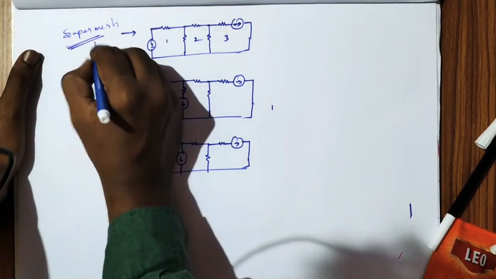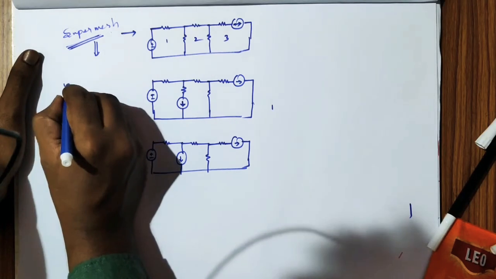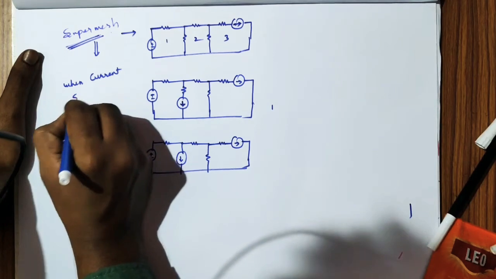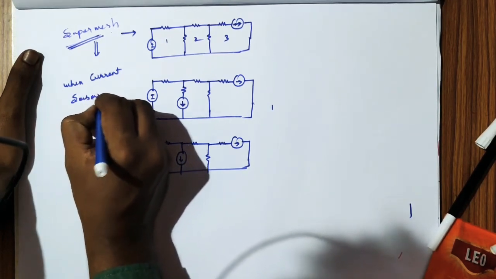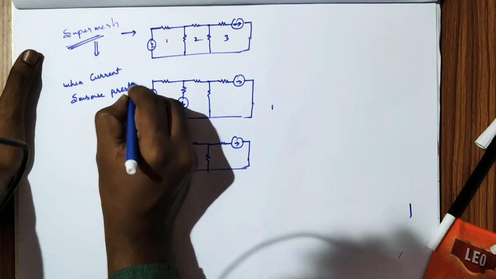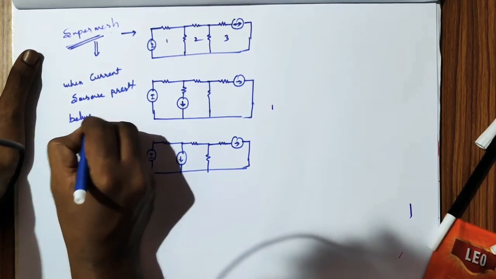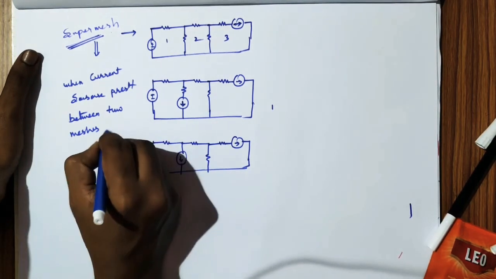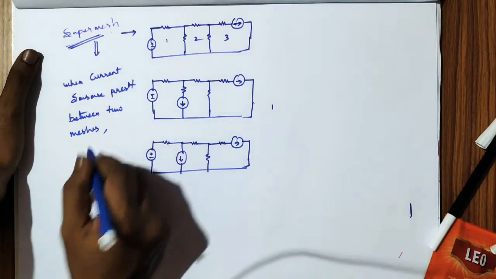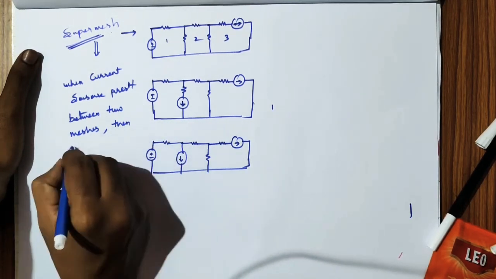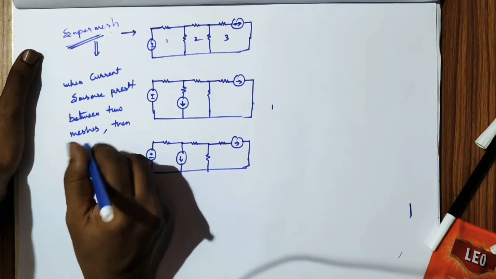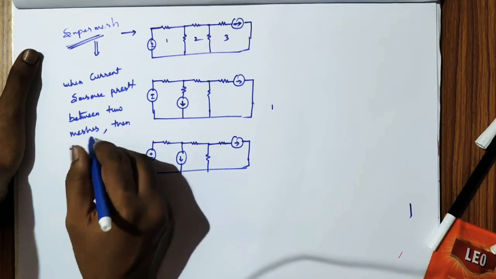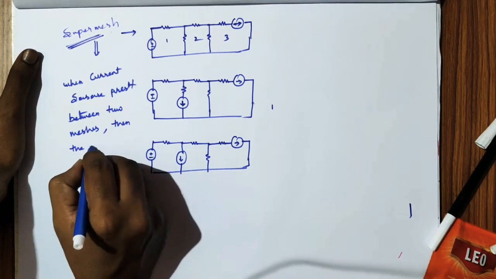According to the definition, a super mesh is formed when a current source is present between two meshes.